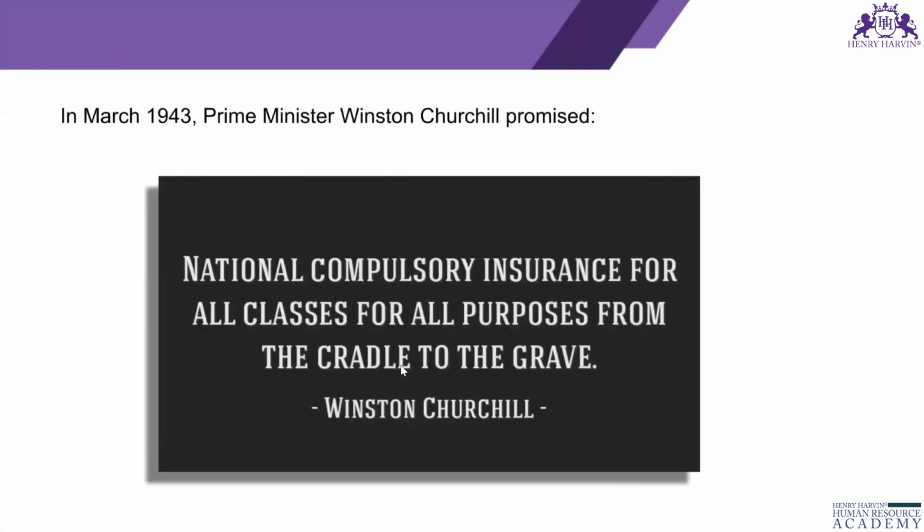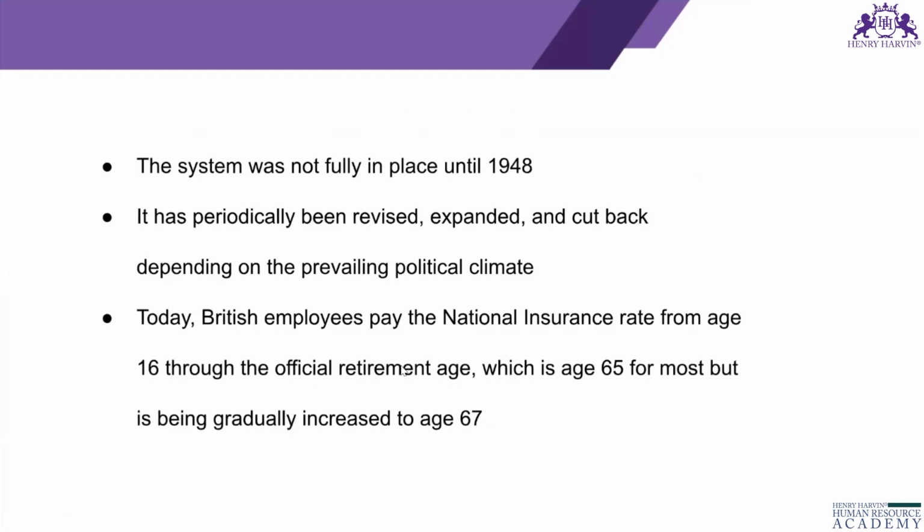Earlier, in March 1943, Prime Minister Winston Churchill promised national compulsory insurance for all classes, for all purposes, from the cradle to the grave. So this was the change, but it took some time. This system was not fully in place until 1948.